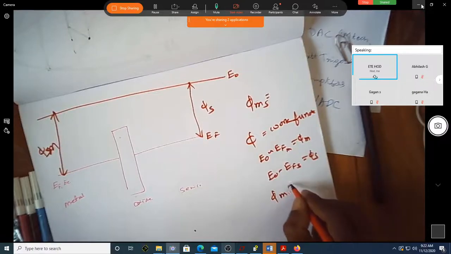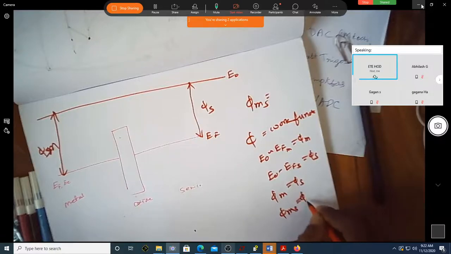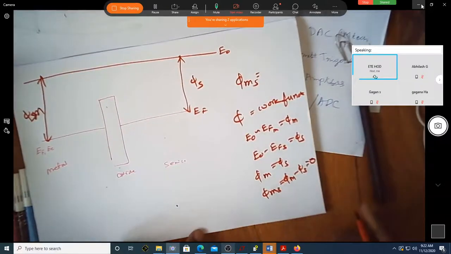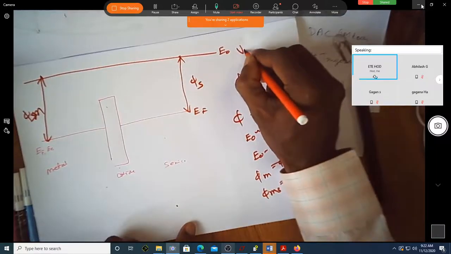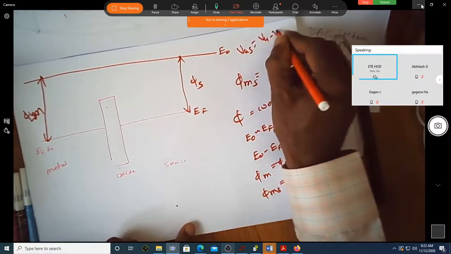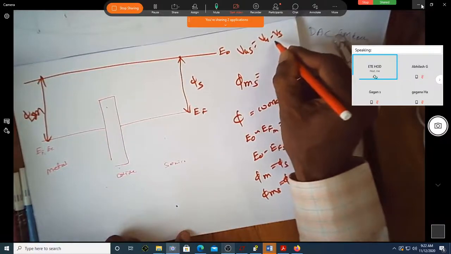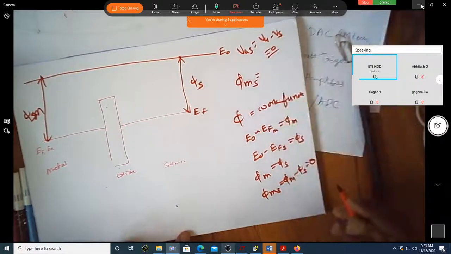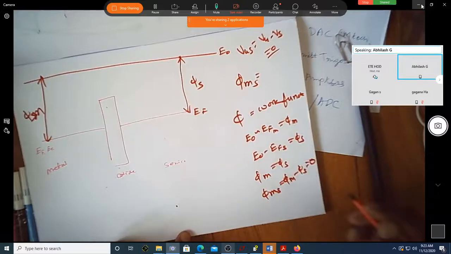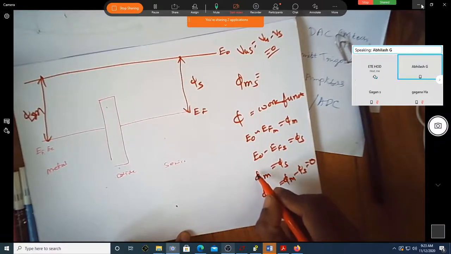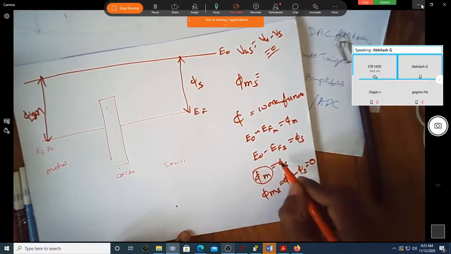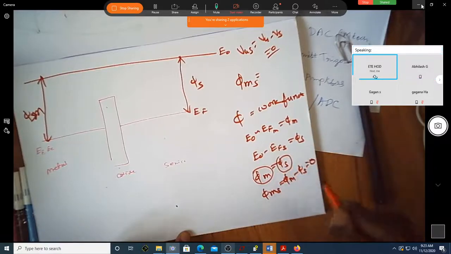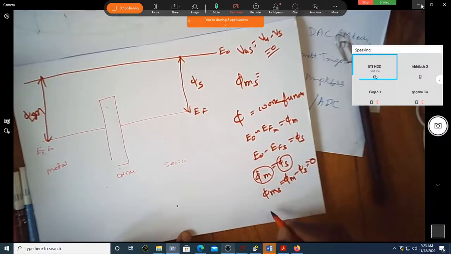If phi m is equal to phi s, phi ms, which is nothing but phi m minus phi s, is it equal to 0? Like you write, VGS is equal to VG minus VS. If both VG and VS are 0, will you write VGS equal to 0? On the same lines, if the work function of metal and work function of semiconductor are the same, we call it a flat band voltage of 0.